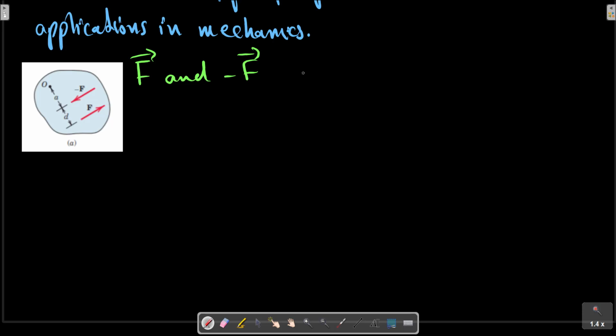These two forces cannot be combined into a single force because their sum in every direction is 0. Sigma F is 0 in any direction. Their only effect is to produce a tendency to rotate.